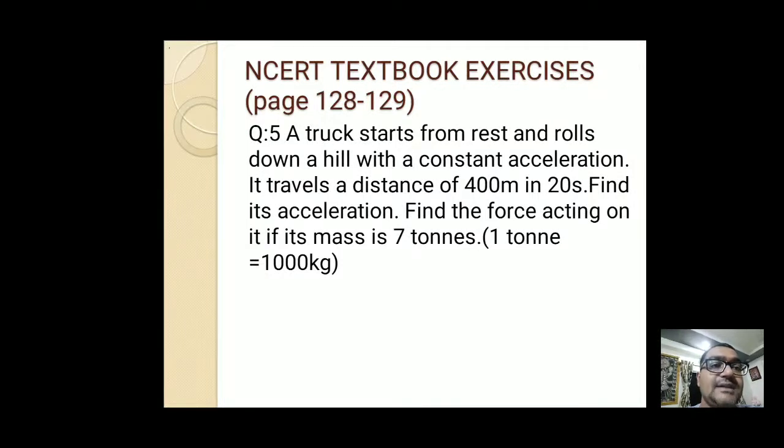Find its acceleration. Find the force acting on it if the mass is 7 tons. In brackets it is given that 1 ton equals 1000 kg. So students, here two questions have been asked: find the acceleration, and find the force exerted on an object.